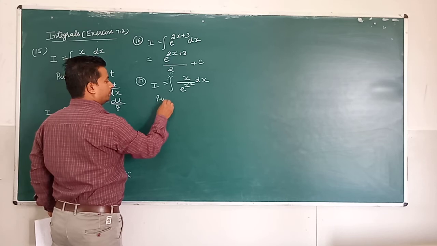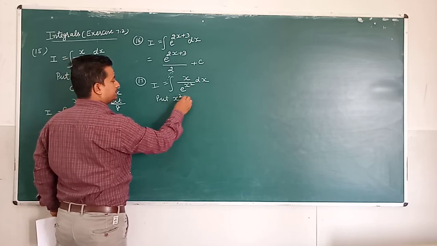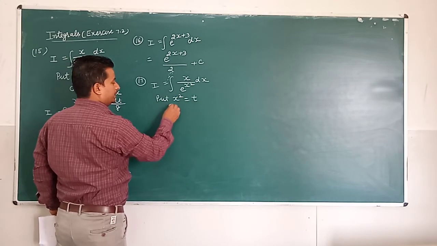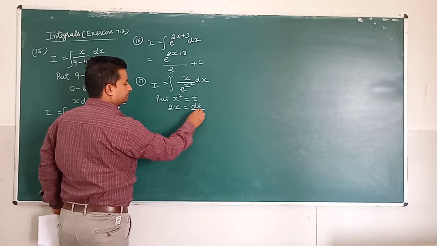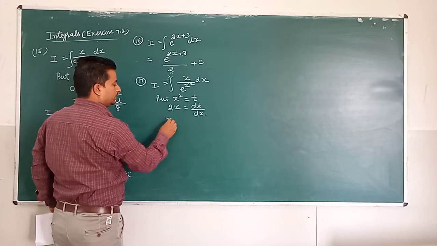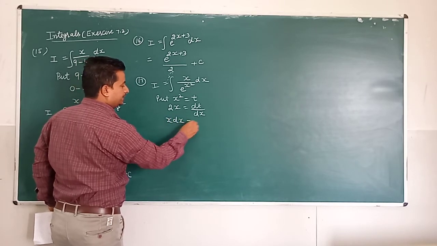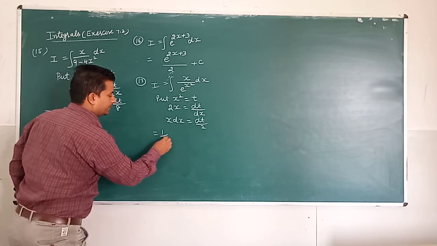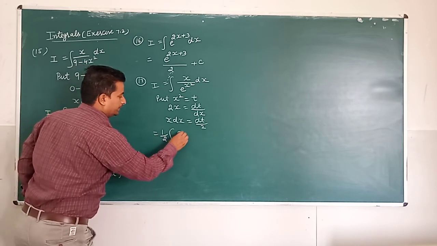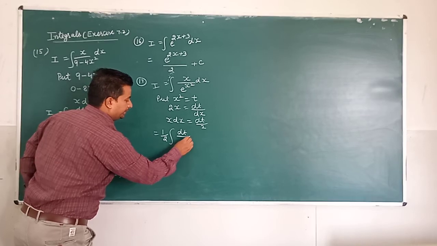Here we put x square equal to t, differentiate with respect to x. So the value of x dx is dt upon 2. So this is 1 upon 2 dt upon e power t.